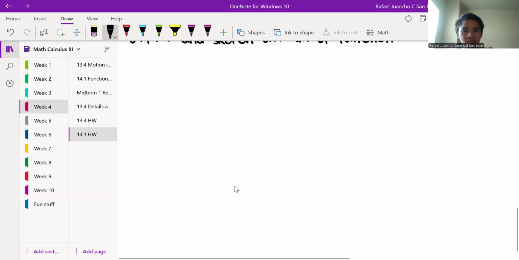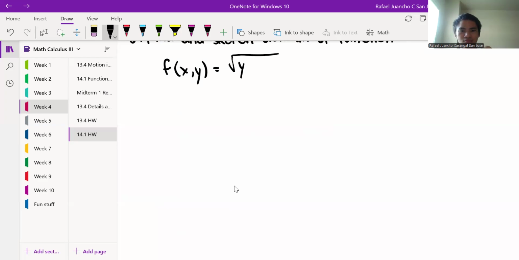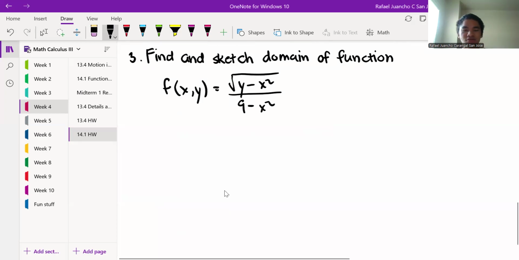I'm given a function. I find its domain. So here we have square root of y minus x squared over 9 minus x squared. What's the condition of my domain?